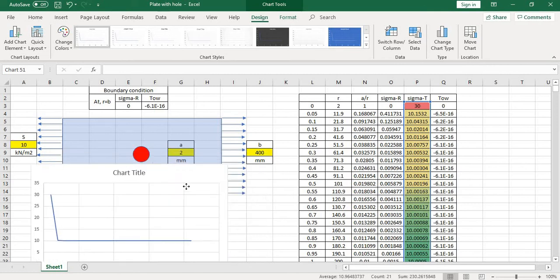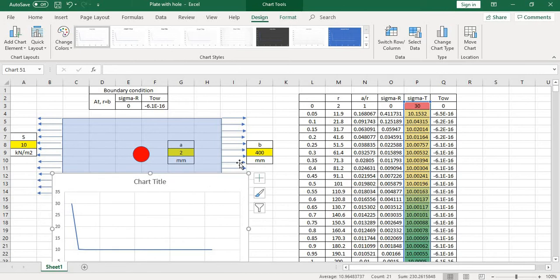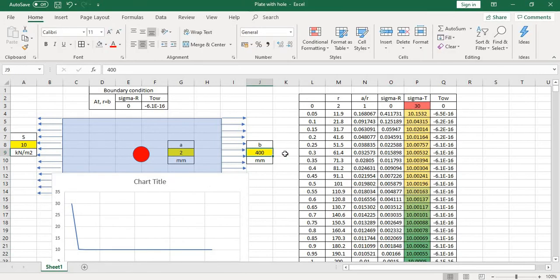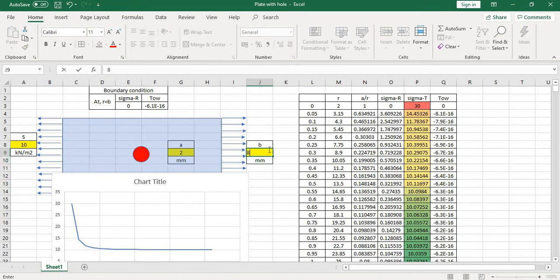Now when the plate starts becoming more finite, or when the width starts reducing, the change becomes only gradual, right? That we have also discussed.